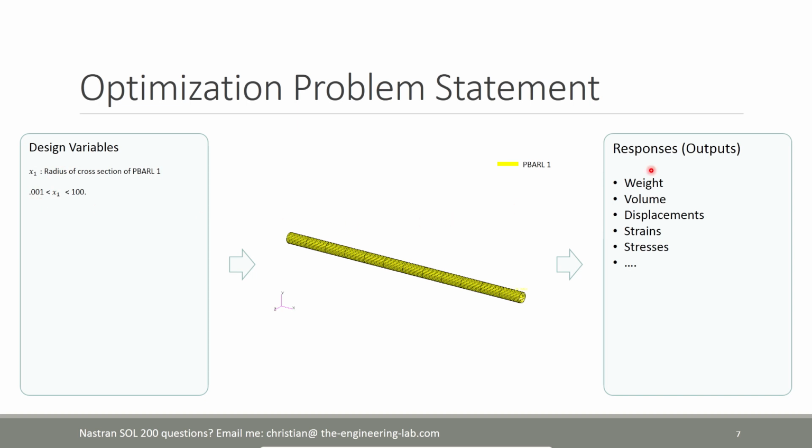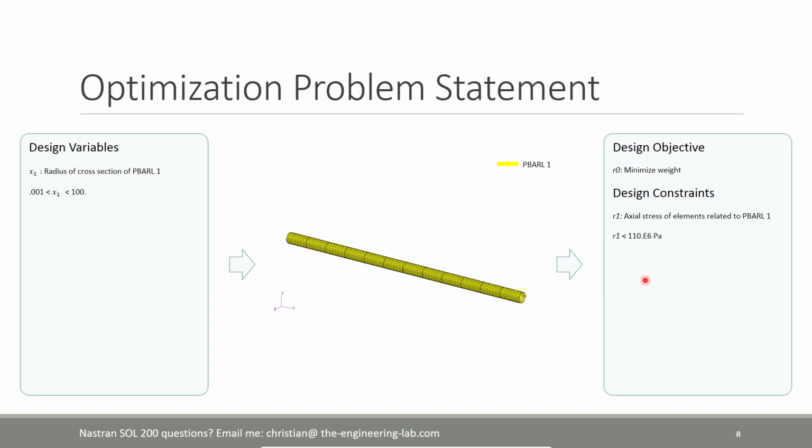Now, in terms of our objective here on the right and our constraints, your finite element model will produce a lot of quantities. It can produce a single weight or volume quantity. Each load case will produce a set of displacements, strains, stresses, and so on and so on. It's up to you to decide what quantity you want to minimize or maximize for the objective.